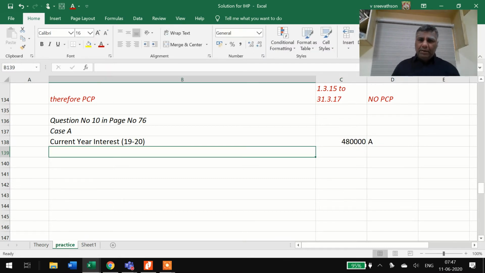Let me take it as A. Since nothing has been repaid on the loan, the entire 40 lakhs is outstanding. 40 lakhs into 12%, 4,80,000.